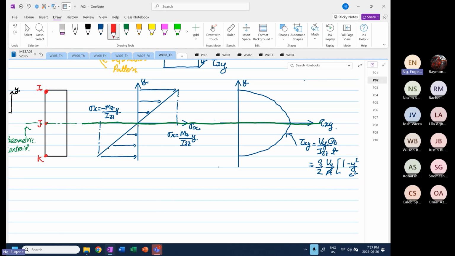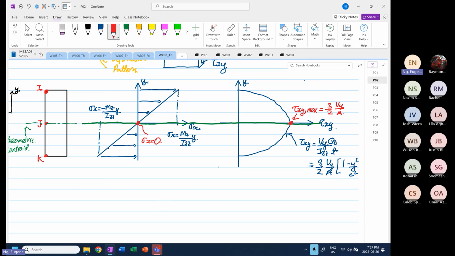When we look at the stresses due to the bending moment at the centroid, stress X is equal to 0. Now, shear xy max occurs here, which is equal to 3/2 Vy over A. So at the centroid, the normal stress is equal to 0 and the shear stress is at its maximum.